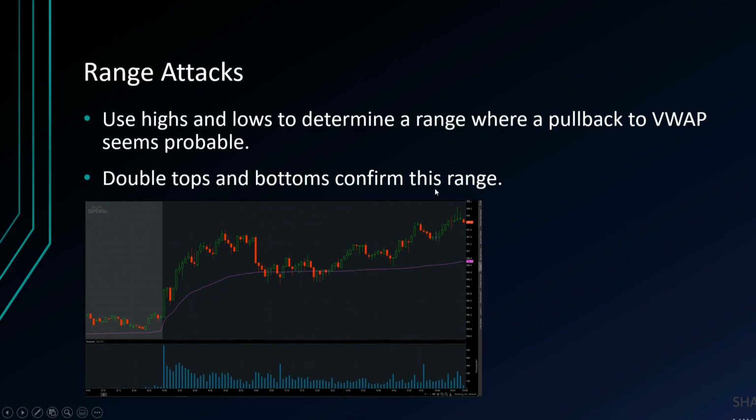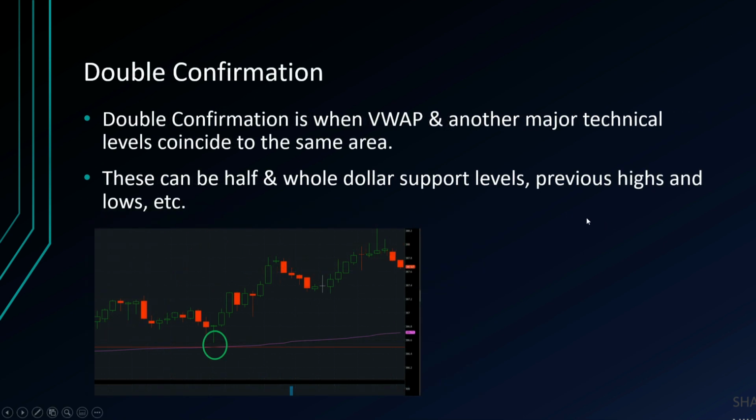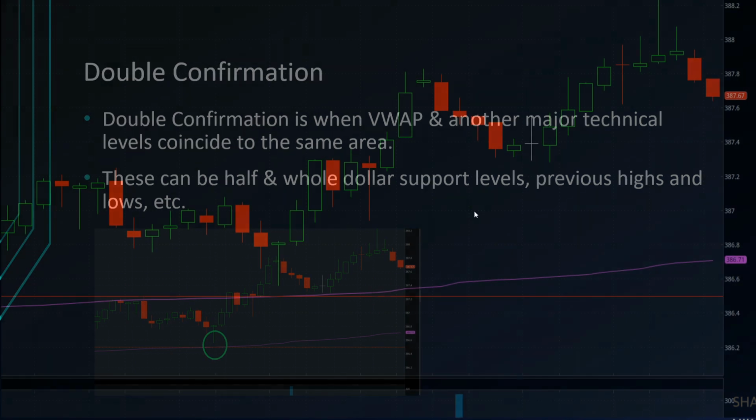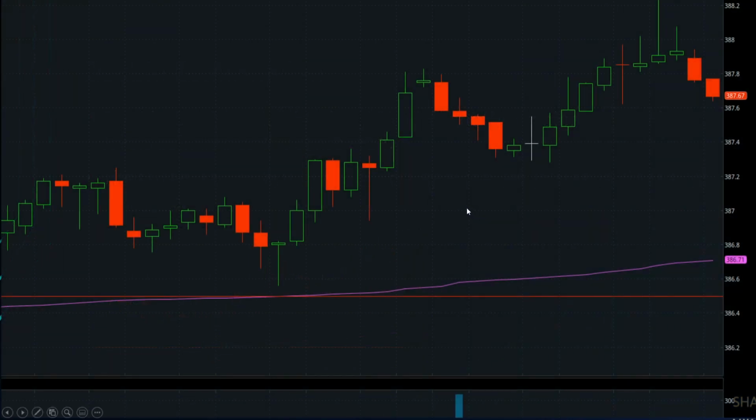Another thing that you can do with these types of trading strategies is look for confirmation, where you have double confirmation, where the VWAP and another major technical level coincide right around the same area. So in this example, you can see we have this here with a half or whole dollar level, which are big psychological levels, and you can use these to get a double confirmation.